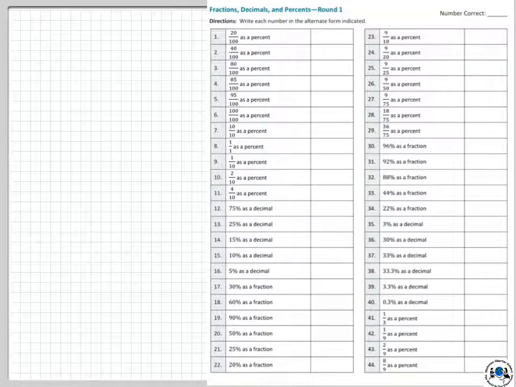Firstly, we're going to do a sprint. I did not put these in your binders because I forgot, and by the time you're watching this, you should have one of the sheets. I was going to pass those out in class, so you'll have these fractions, decimals, and percents sprints. This is round 1.